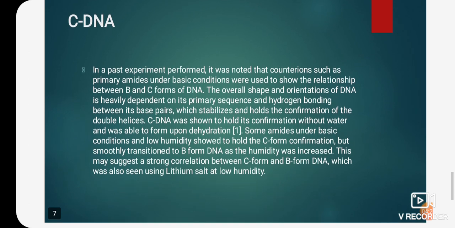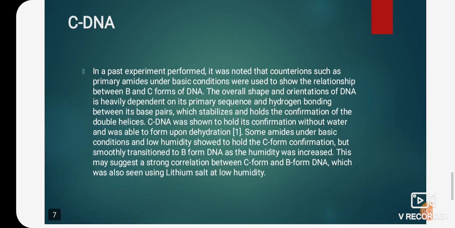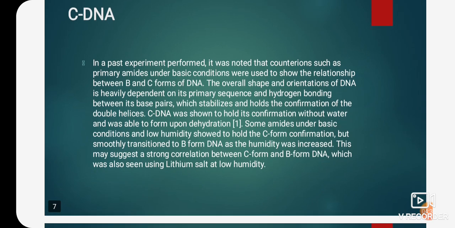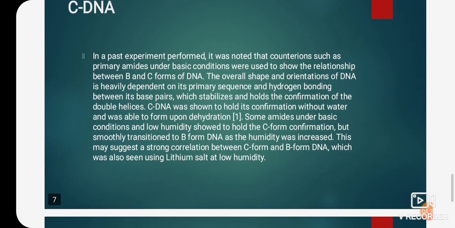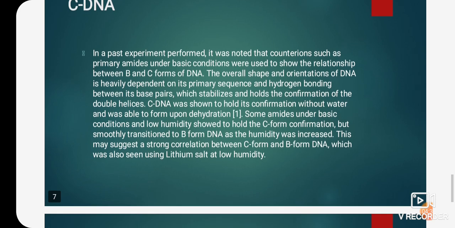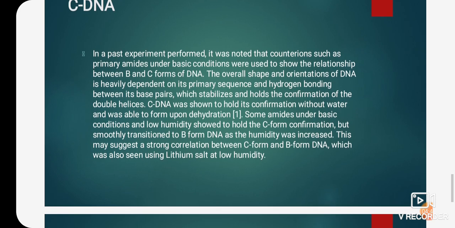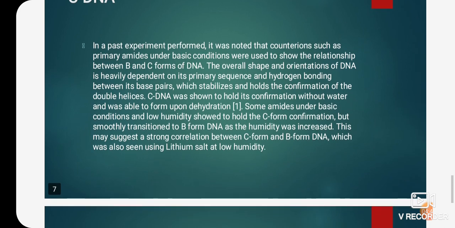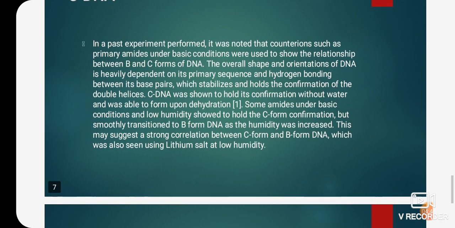The overall shape and orientation of DNA is heavily dependent on its primary sequence and hydrogen bonding between its base pairs, which stabilizes and holds the conformation of the double helix.